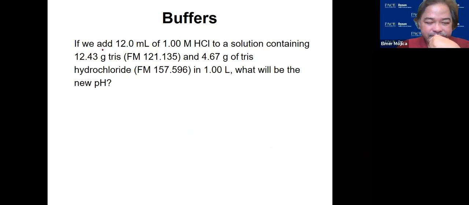So here, if we add 12 ml of 1 molar HCl to a solution containing 12.43 grams of Tris with formula mass of 121.135 and 4.67 grams of Tris hydrochloride with formula mass of 157.596 in 1 liter, what will be the new pH?